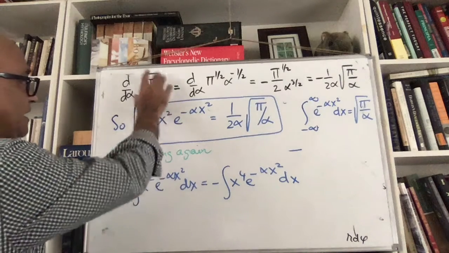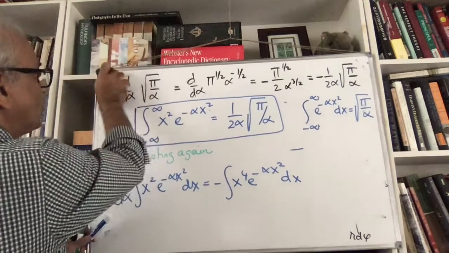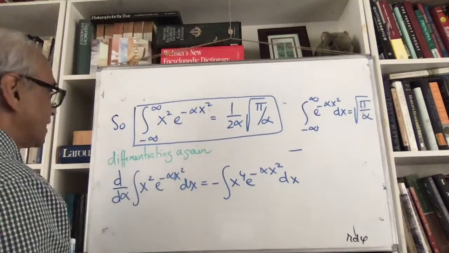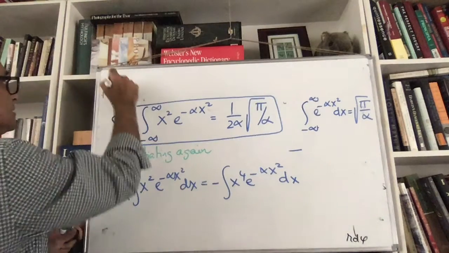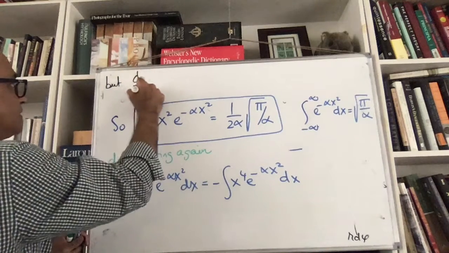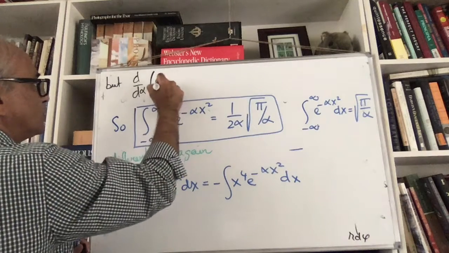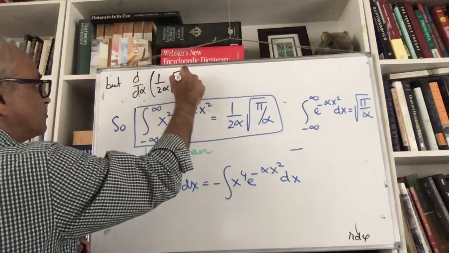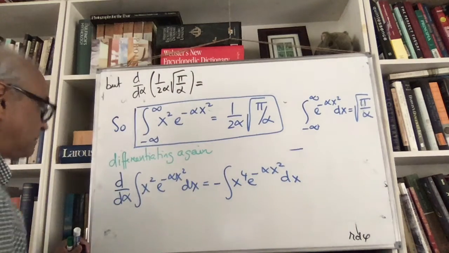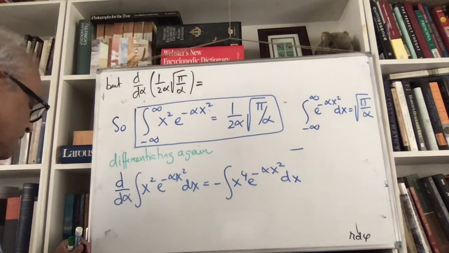All right, but just like we did that part before, I know this guy is here, so what I want to do is remember d over d alpha of 1 over 2 alpha root pi over alpha. What's that? Okay. This I can remember.